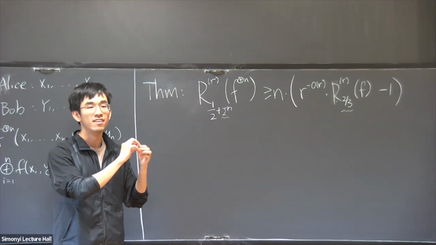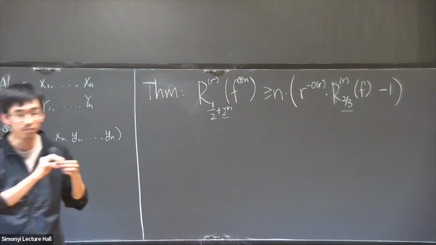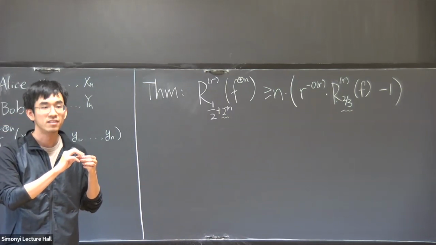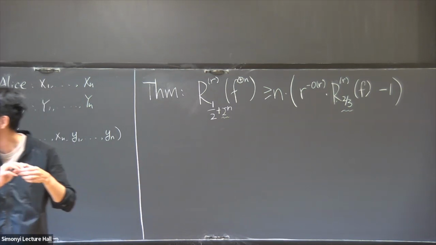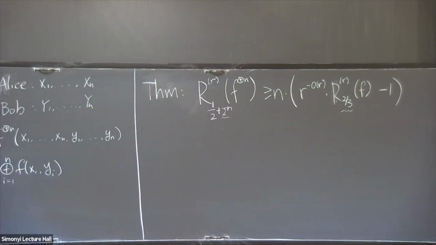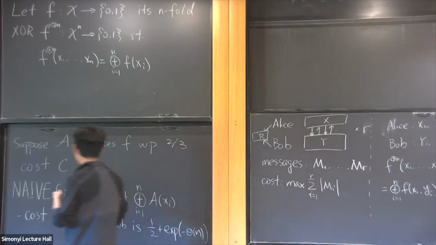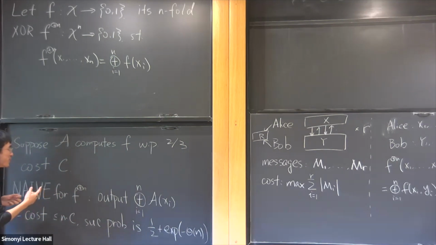What I'm bothered by is that if you computed f with error probability 1 in n squared, then this wouldn't be true. Then the XOR would be, just by the union bound... Oh yeah, that requires you to repeat things a super constant number of times. Yes, and that will be related to an open question that I will mention at the end.